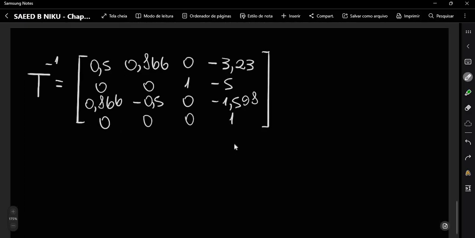And if we calculate the product between the original and its inverse, we will obtain the identity.